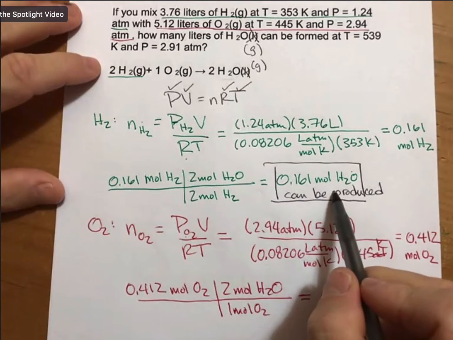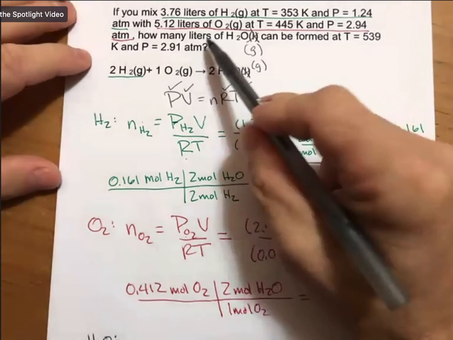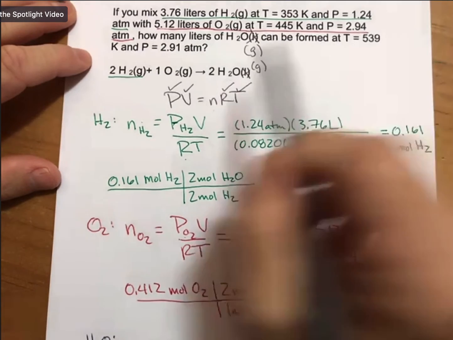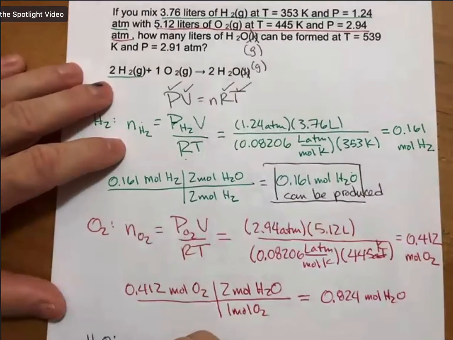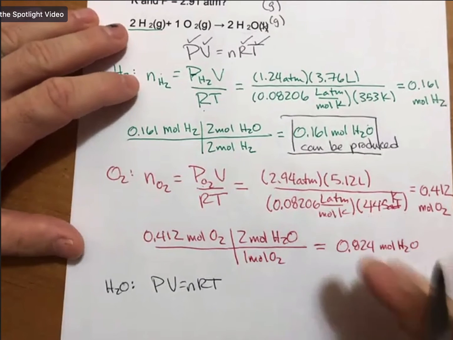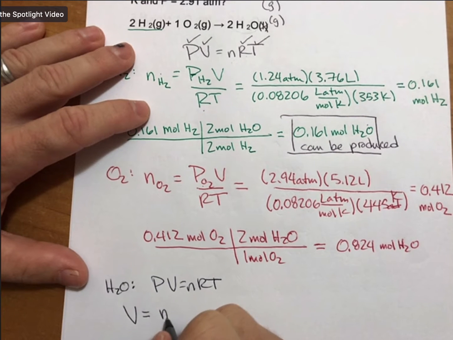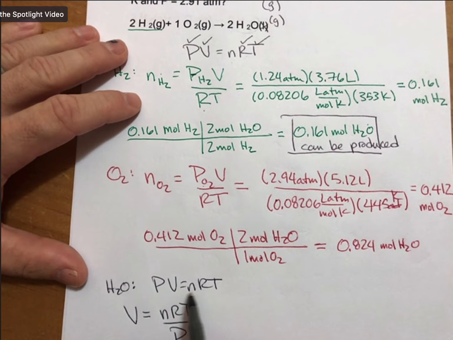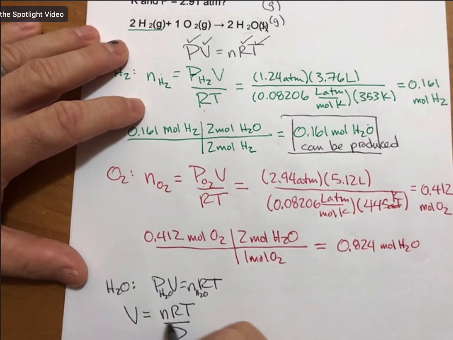And my last step is for my H2O. It says how many liters. Now I have my moles, I have my temperature, and I have my pressure. The only thing I don't have is my volume. So PV equals nRT. This time I want V. And again, it doesn't matter mathematically if you put in your H2Os. It doesn't change the math.